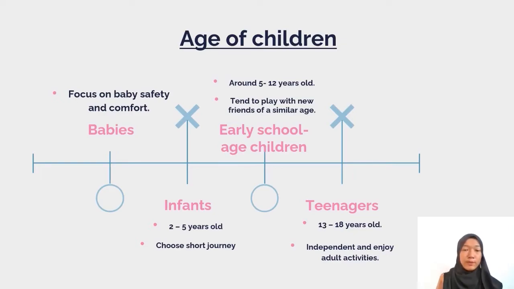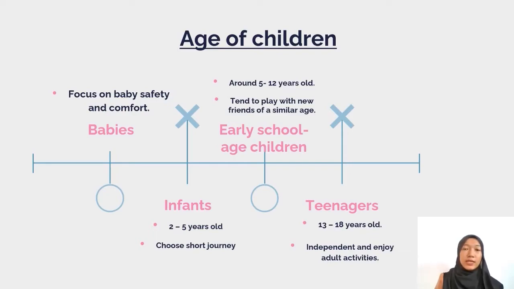First is babies. Parents must focus on the baby's comfort and safety. Next is the infant, aged between 2 to 5 years old, and parents should choose a short journey because a long journey can get them bored.